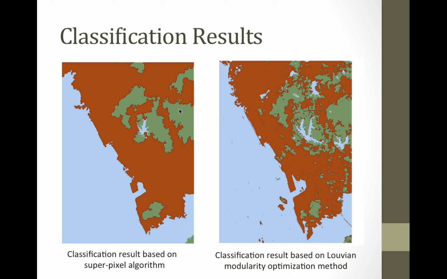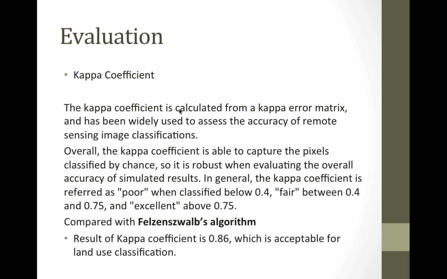So in order to compare my results, I also compare with the land use classification results from a fuzzy warp-based algorithm, because it's still very difficult to have access to the true land uses in this specific study area.